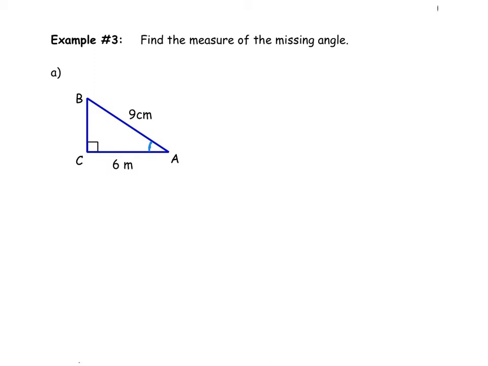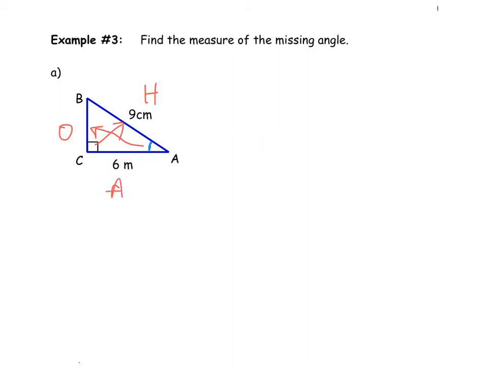I'm going to do it as well. I can see that my hypotenuse is this 9 centimeters because it's opposite my right angle. And so I look at the angle in question, which is angle A, and I can see that opposite it is the opposite side. And then the other arm of angle A, other than the hypotenuse, is my adjacent side.